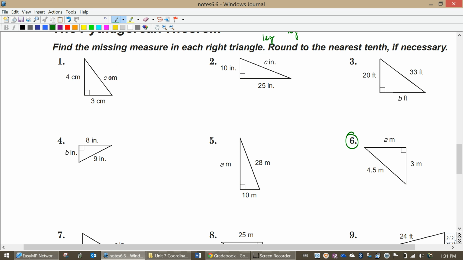Let's pull back. What's the distinguishing characteristic of being able to use the Pythagorean theorem? What has to be true for you to be able to use it? A particular shape has to be a right triangle to calculate sides.